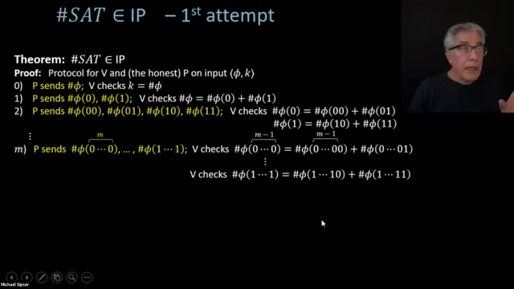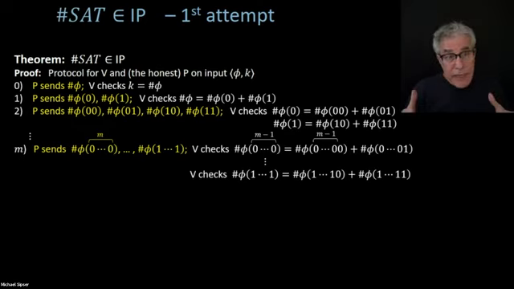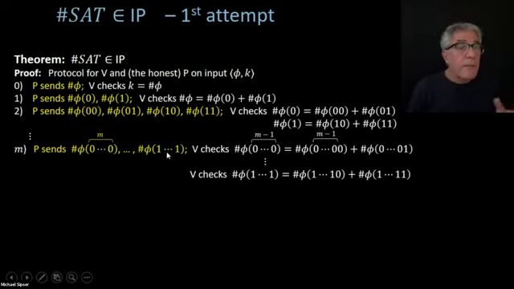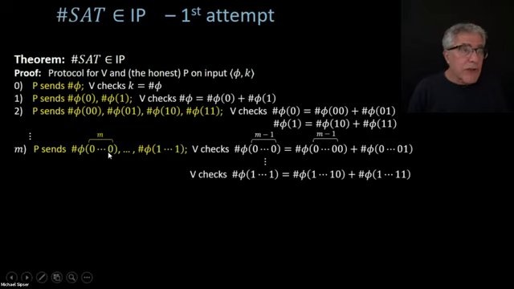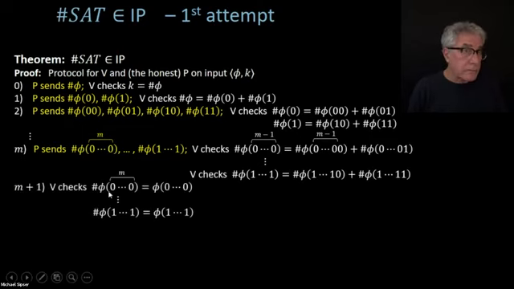And now that the prover has sent all of those possible values, the verifier needs to be sure that those are still correct. But the thing is that at this point, those are all zeros and ones, because they all say whether that assignment satisfies the formula or doesn't satisfy the formula. So the verifier can check those directly, by just plugging into the formula and seeing whether it satisfies the formula or not.